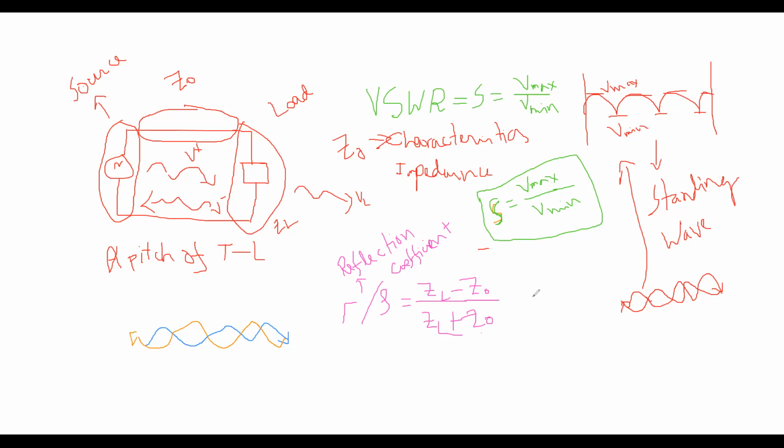And we have another value, that is S. For S, we can write S equal to 1 plus rho divided by 1 minus rho. That is the equation of S.